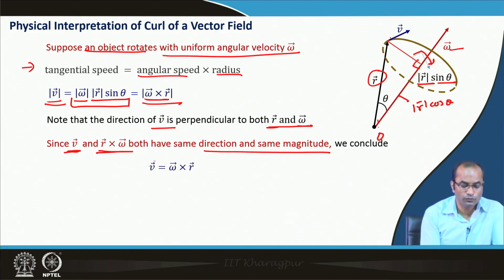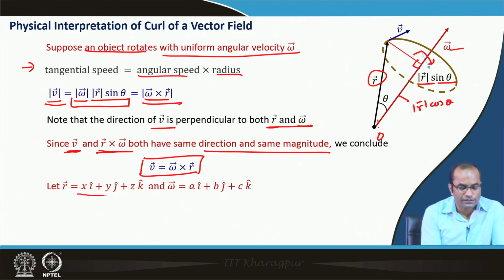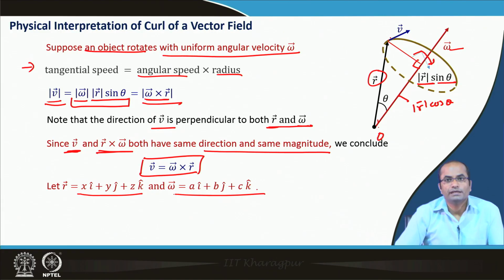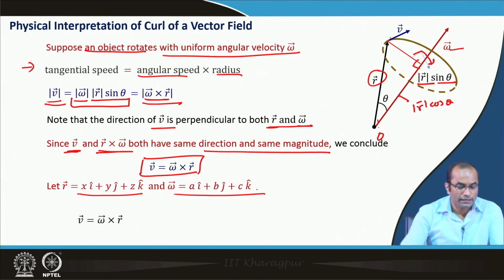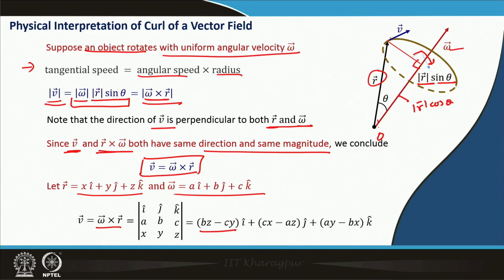So, we can conclude that the tangential velocity, not the speed, is equal to omega cross r. If we assume that r is xi, yj, zk and omega is ai, bj and ck, in that case we can compute v by this cross product of omega and r, which is given by this determinant, and which we can simplify here. So, we get bz minus cy, cx minus az, and ay minus bx as the third component.